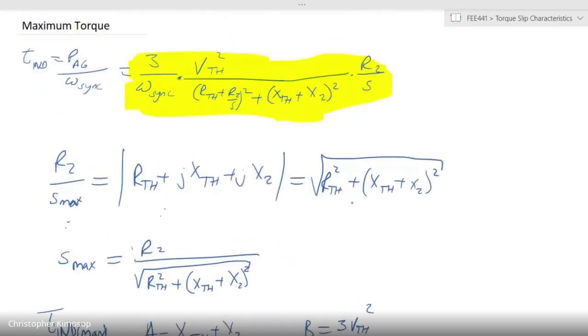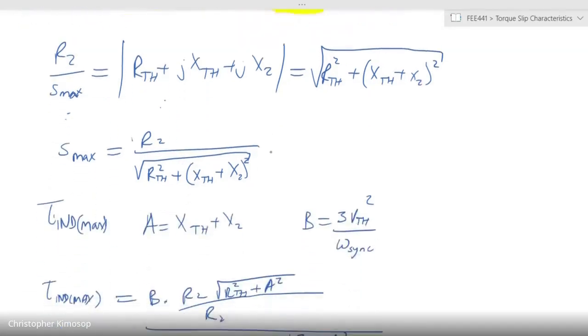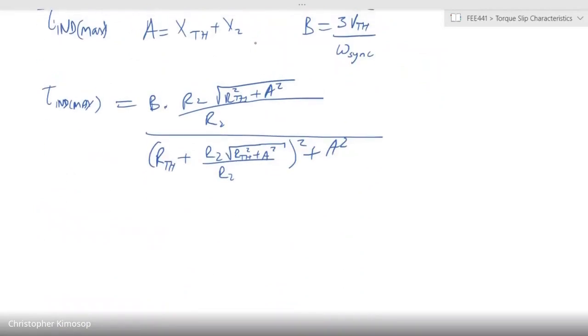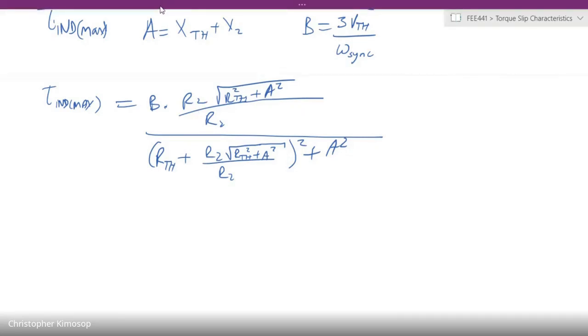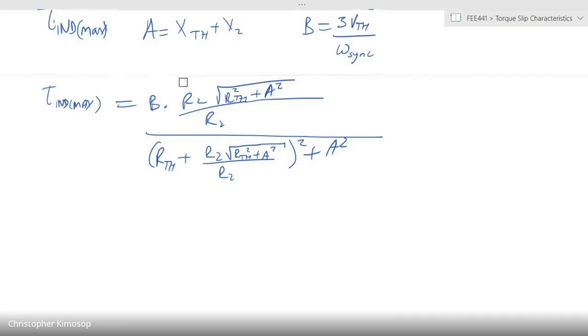Okay, so for the maximum, we've taken all of this and made it into B. R2 over S, we've substituted S for S max, which is given by this over here. Because you have R2 over S max becoming this, you can then erase these R2s, which are cancelling out with each other.